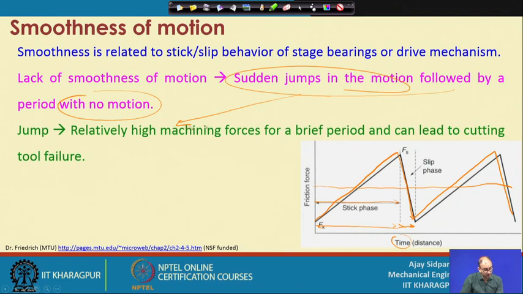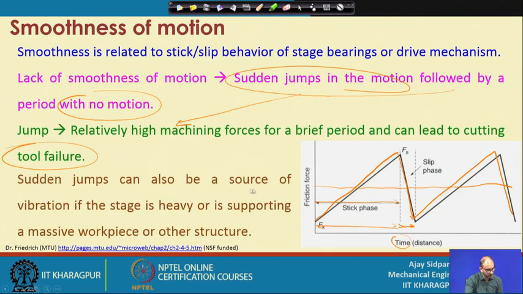If this type of high fluctuation of the forces is there, what will it directly lead to? It will lead to the failure of the cutting tool. Our objective is to make sure that a uniform and very small amount of force acts on the workpiece and the tool during operation, but because of the stick slip phenomenon, you are not getting uniform motion. A sudden jump can also be a source of vibration if the stage is very heavy or is supporting a massive workpiece or other structure, because friction is directly connected with the normal force.